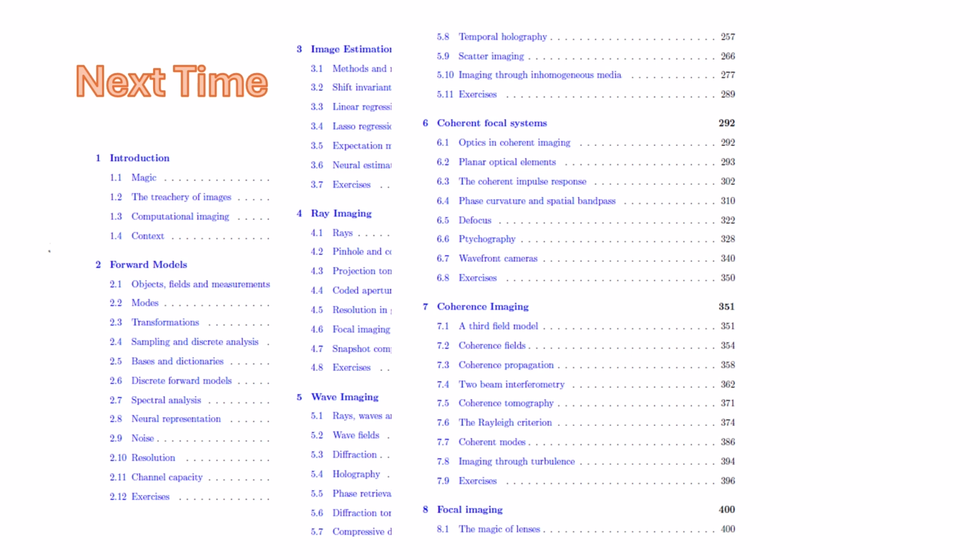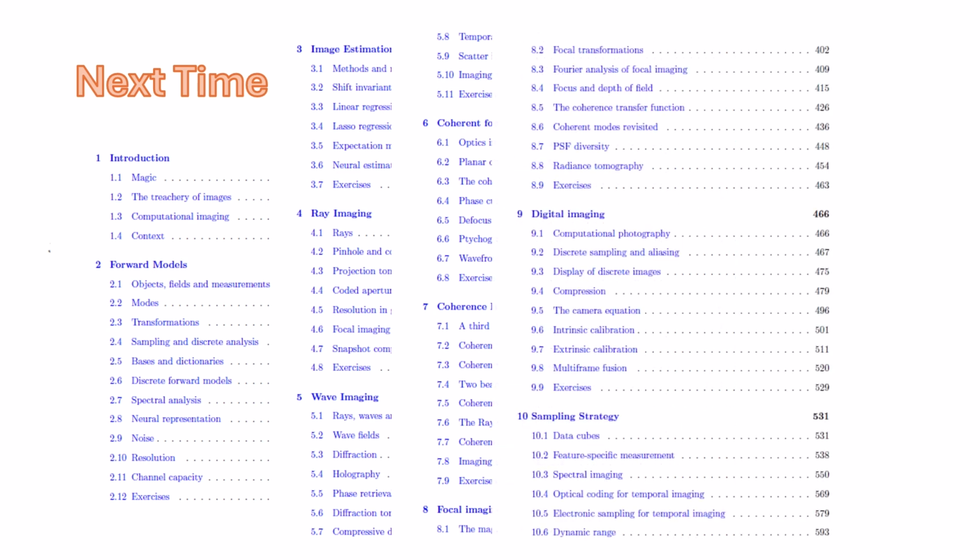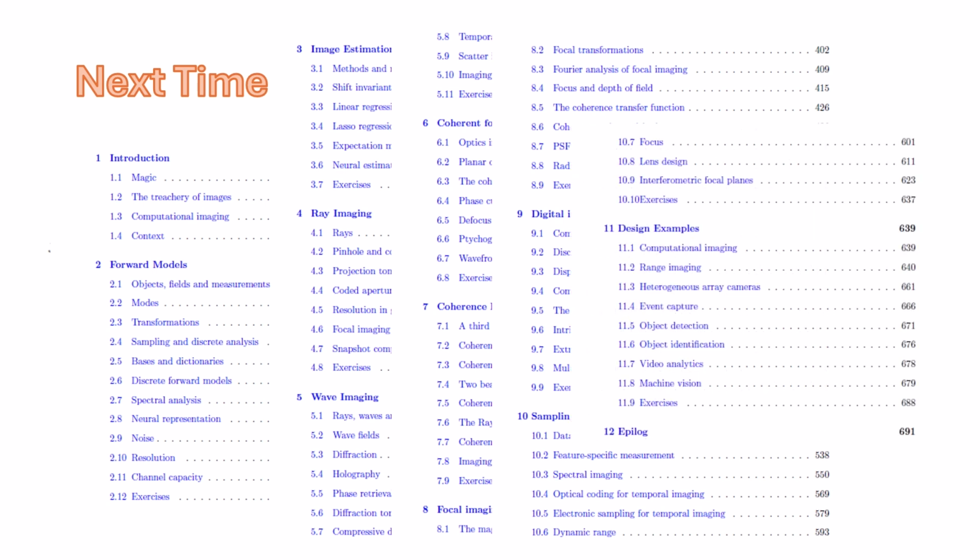And then a lot of material was added on the topic of today, on optical coherence and how novel sensors could improve measurement by considering optical coherence. So we've gone through the episodes going through digital sampling, and today's episode completes chapter 10 on sampling strategies for focal planes. The next final chapter, chapter 11, is design examples.